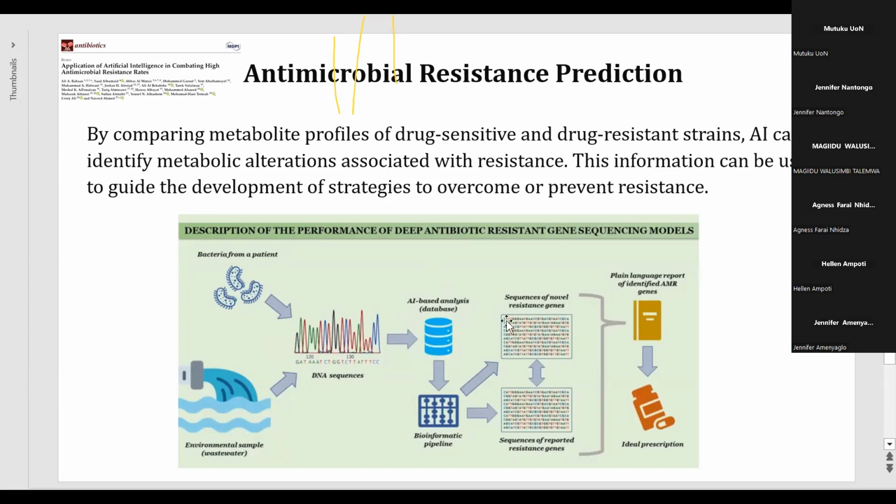So you see the sequence of the novel resistance gene, and this is the sequence of the sensitive strain, and this is the resistant gene strain. And then you compare them, and you can say that there is antimicrobial resistance in that gene. And once you identify that, you can give the proper medicine. So it will not be a generic medicine, it will be a personalized medicine, only for that person.